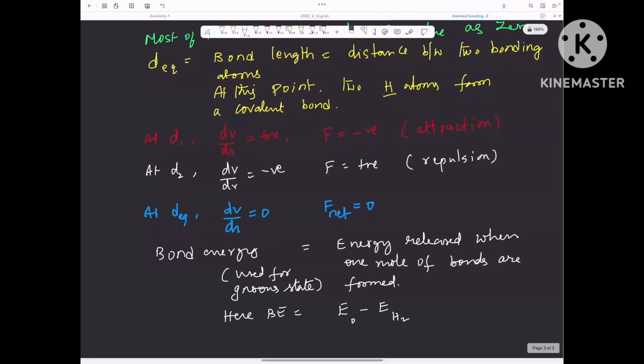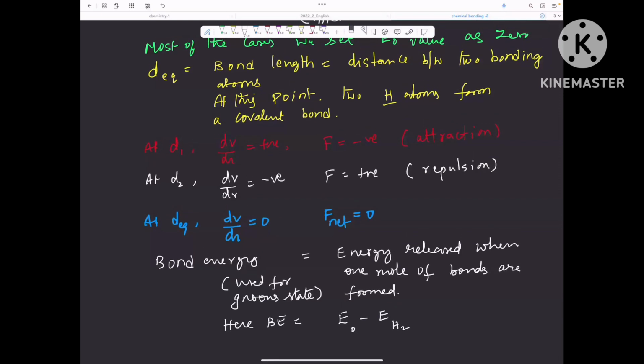This energy is called E naught minus E H2. This is approximately, I'm just rounding off, around 430 kilojoules per mole. In case of hydrogen, it is 432 kilojoules per mole.